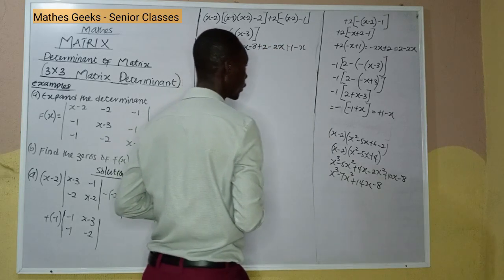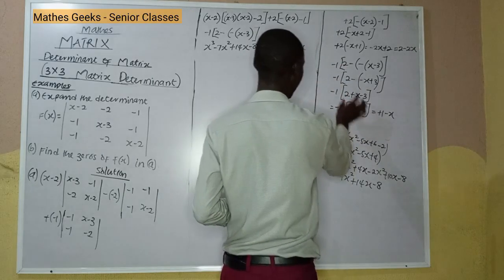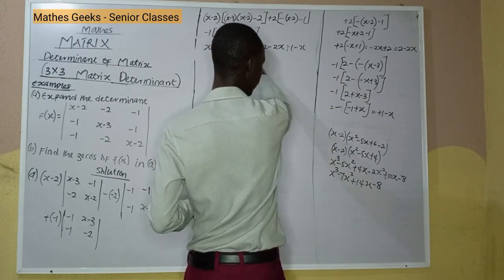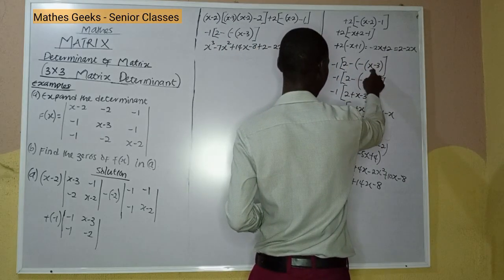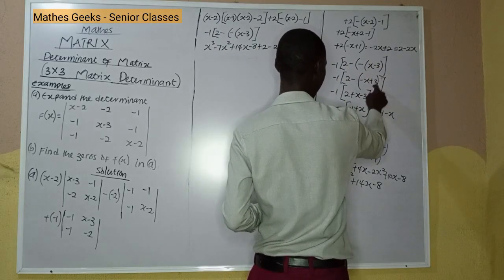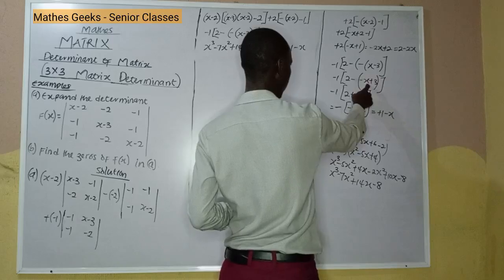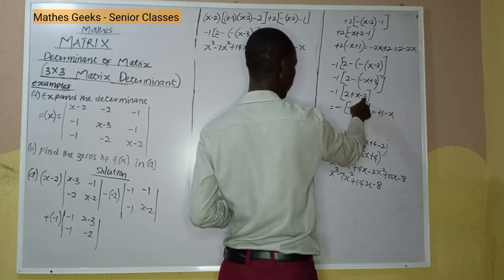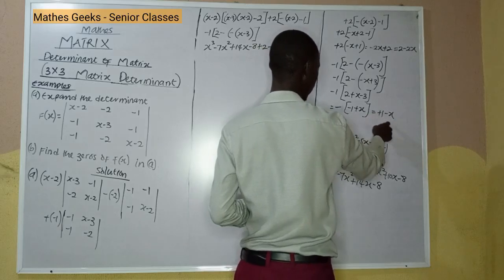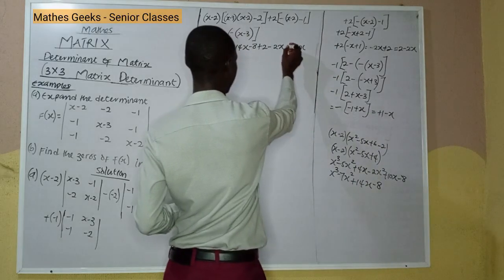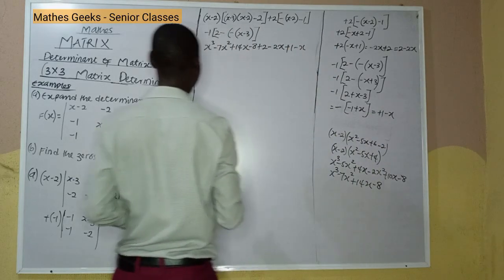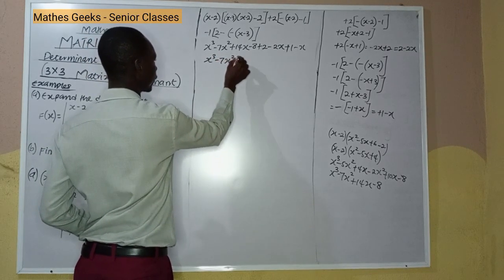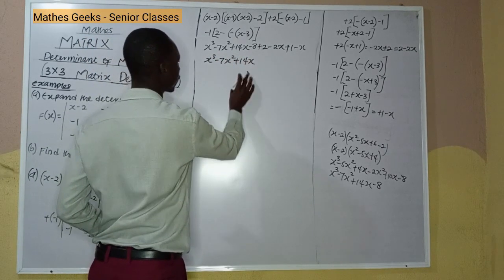So let me check this other part here. Is it okay? Minus 1, 2 minus x, plus 3 minus 3. So 2 minus 3 minus 1 plus x minus x. Then x is equal to minus 7x squared plus 14x.